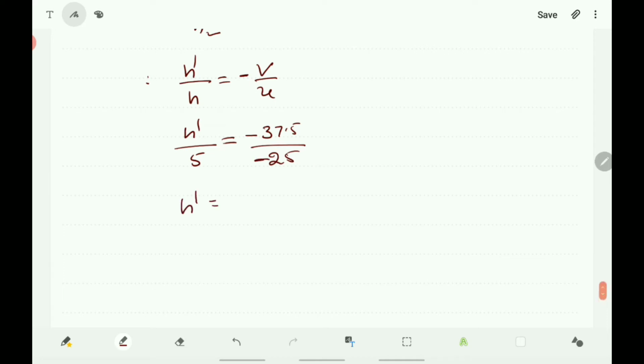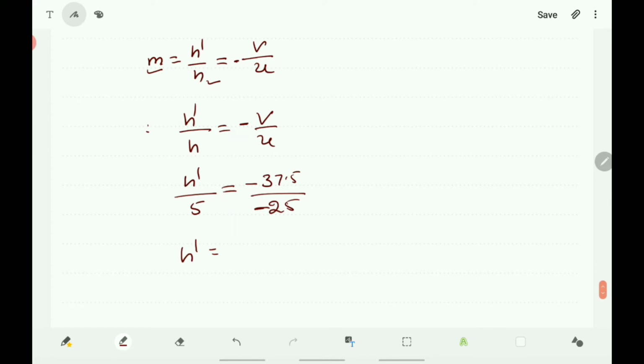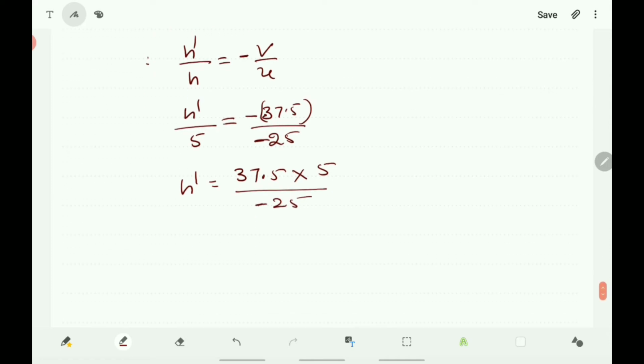H dash is equals to minus of minus 37.5, because v is equals to minus 37.5, into 5 by minus 25. Minus of minus is plus.